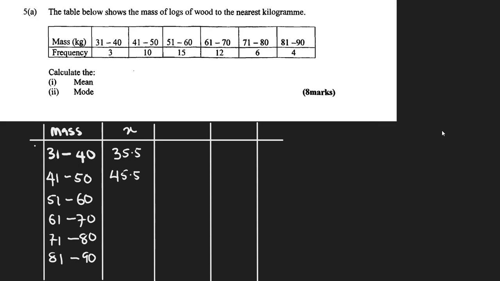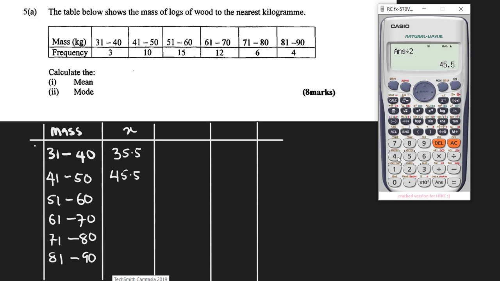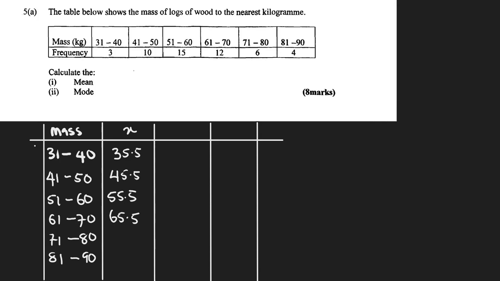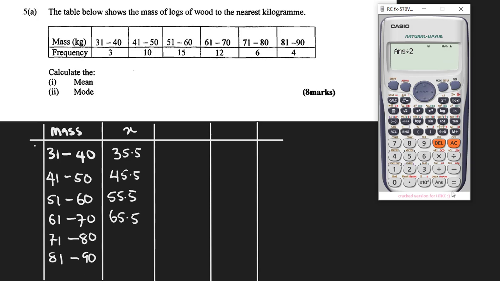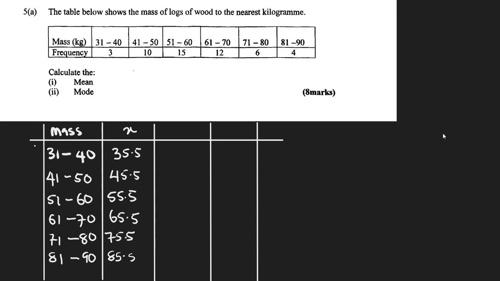Then continuously, I'm going to speed it up a little because we know what we're going to do here. So this is our x. Then we're going to write the frequency, which is from the question, as f.